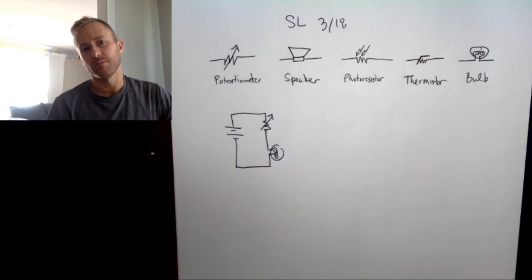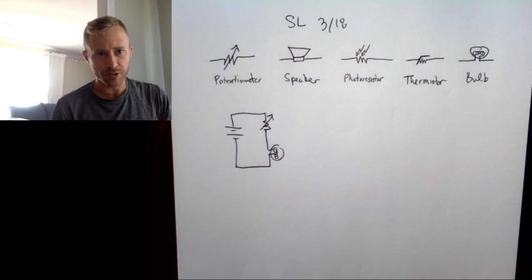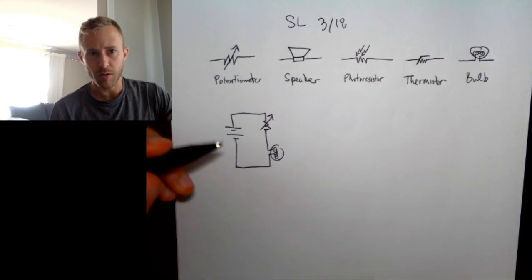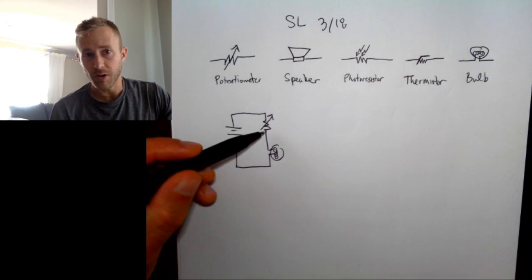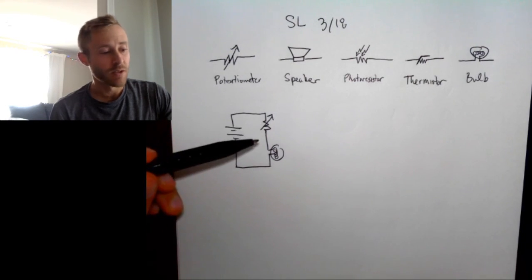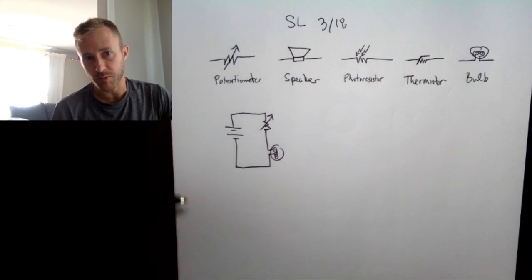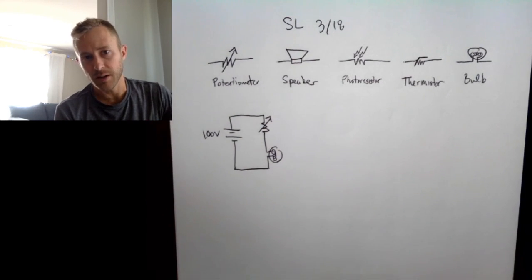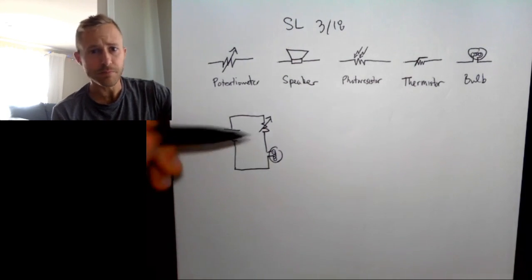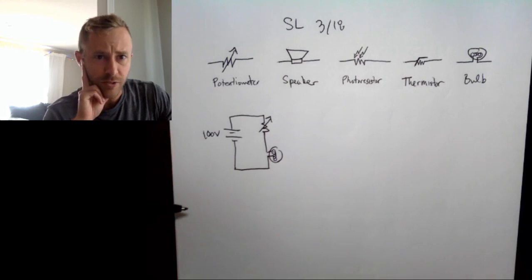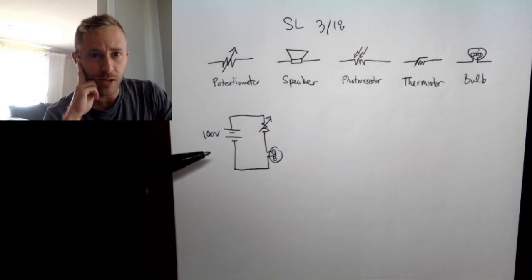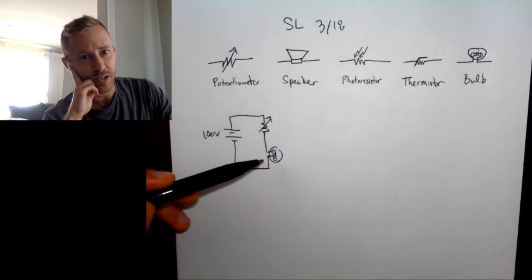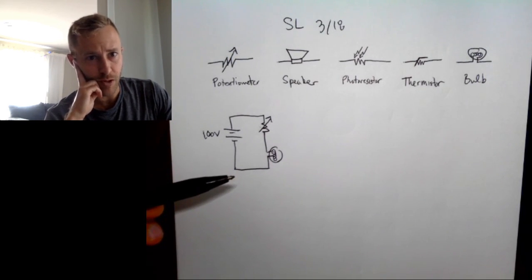I'm not really going to do any calculations with this, but you might recall that with the potential divider, the bigger resistor gets more voltage. So if this is a 100-volt battery, if the top resistor gets 25 volts, then the bottom resistor is going to get 75 volts.